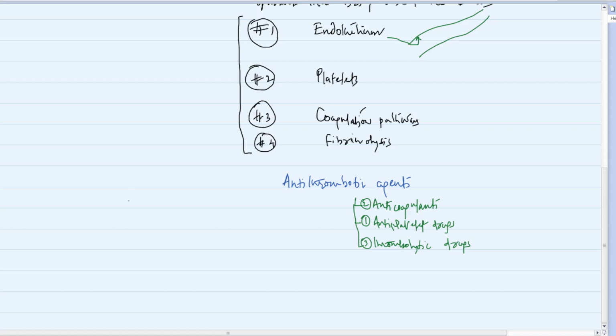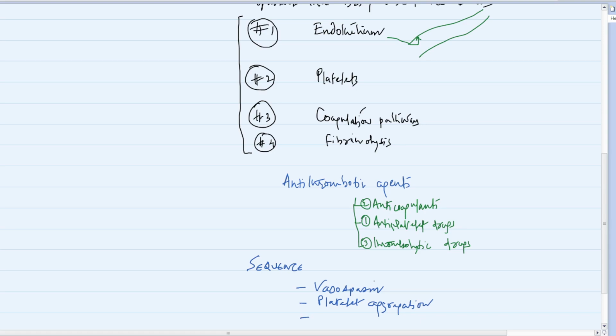A sequence of steps brings about hemostasis. So there is a sequence, and what is the sequence? There is vasospasm, followed by platelet aggregation.